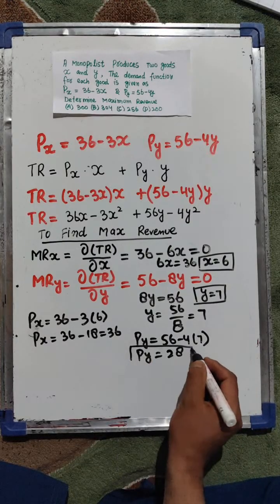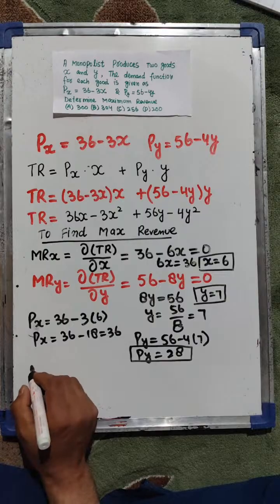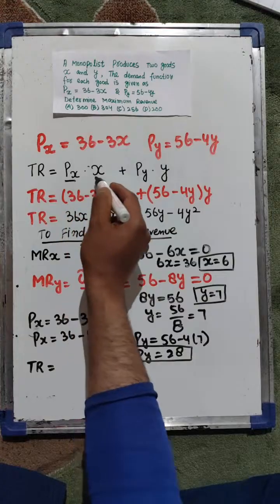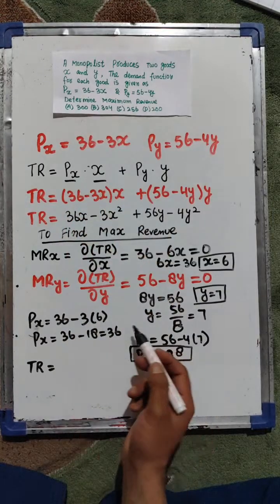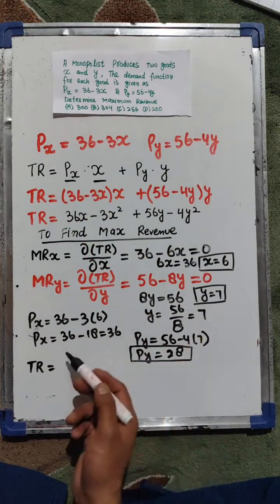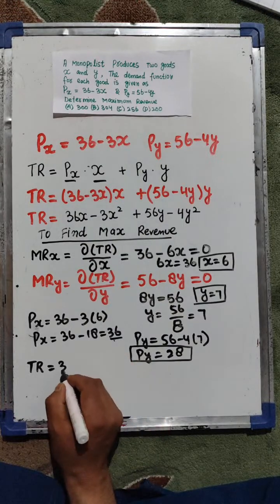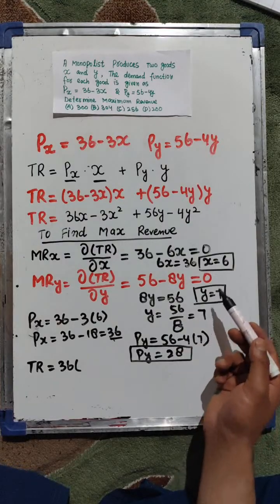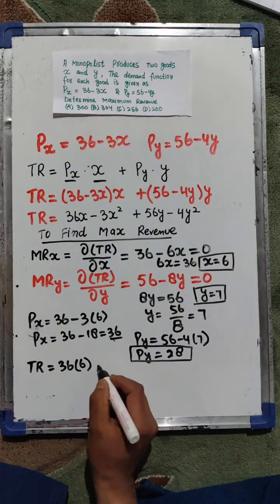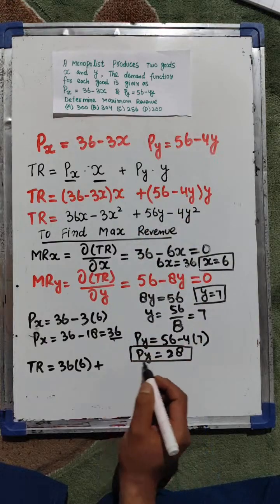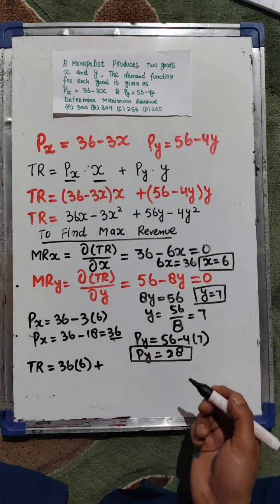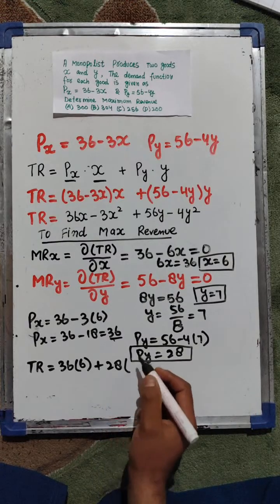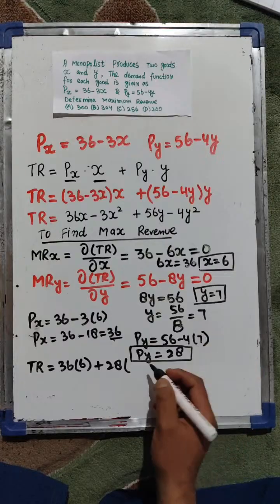Now the maximum revenue for the monopolist, total revenue, will be equal to price of good x times units of good x, so 36 times 6, plus price of good y, 28, times units of good y, which is 7.